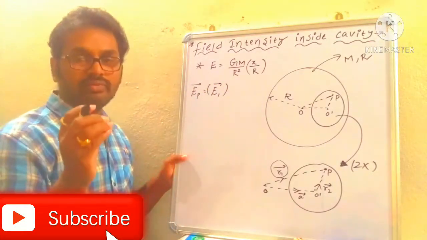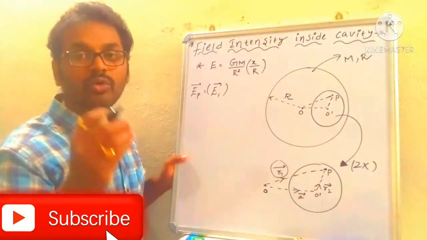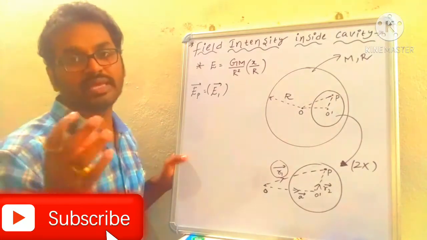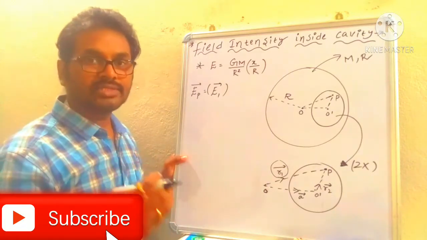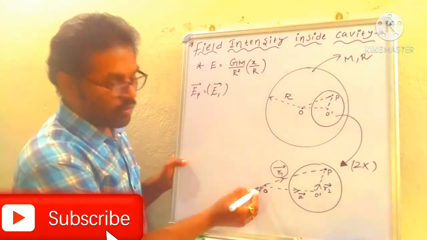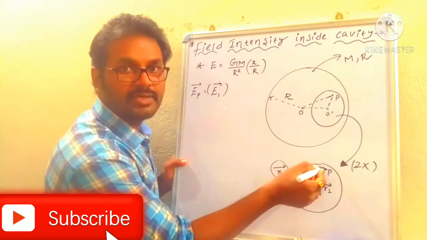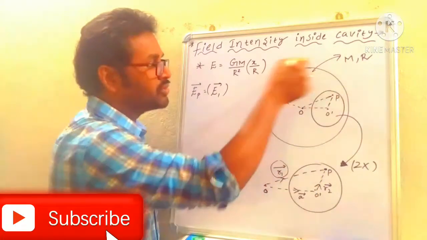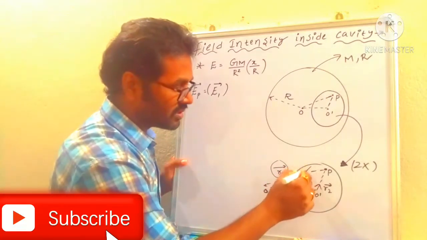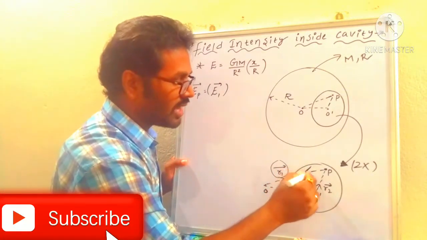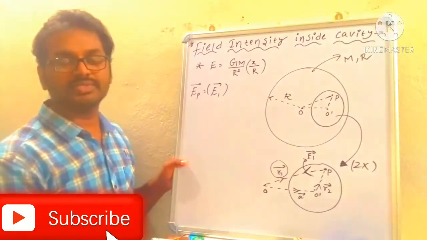E1 is the gravitational field intensity at this point due to the entire sphere before removing some mass from it, before forming the cavity, and whose direction is always acting towards the center of the sphere. This is the center of the sphere, and we are choosing the point here. The field intensity at this point due to the entire sphere will be acting towards the point O. So here it is, and this arrow represents E1 bar.